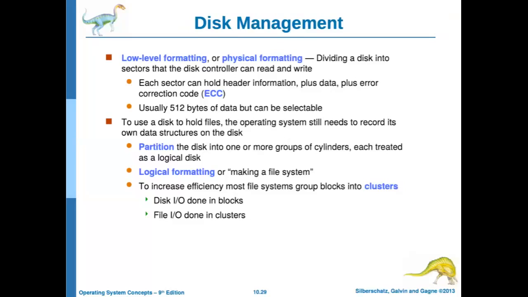It can be selectable for that purpose, where that is stored for the disk controller, right? Whereas another type of formatting is logical formatting. Now, just to give an example, when we right click on a pen drive or any of the D drive, E drive, whatever. Okay. So when I say D drive or E drive in case of Windows, that means you have already divided the disk. Just now you are formatting it.